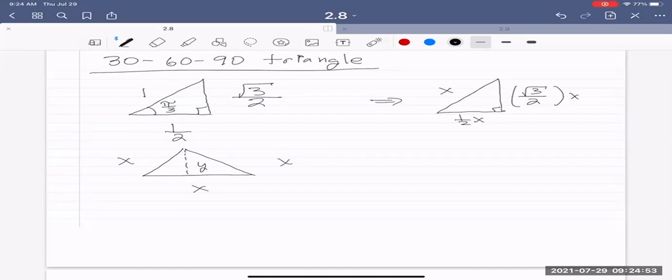So from what I just wrote above, notice that here's my x. Here, total length is x, therefore half of it is 1/2 x. Therefore, y here is just root 3 over 2 x.